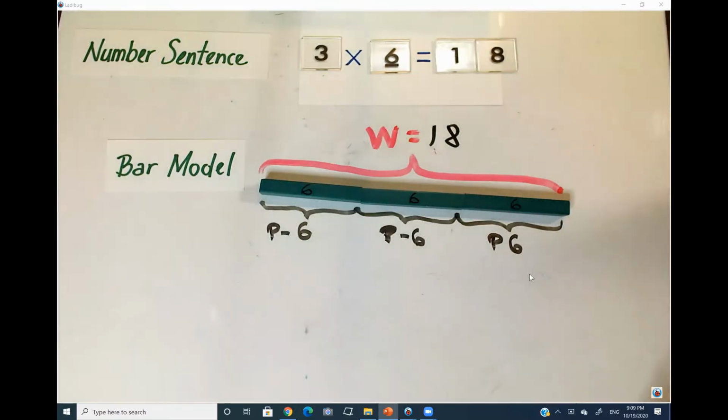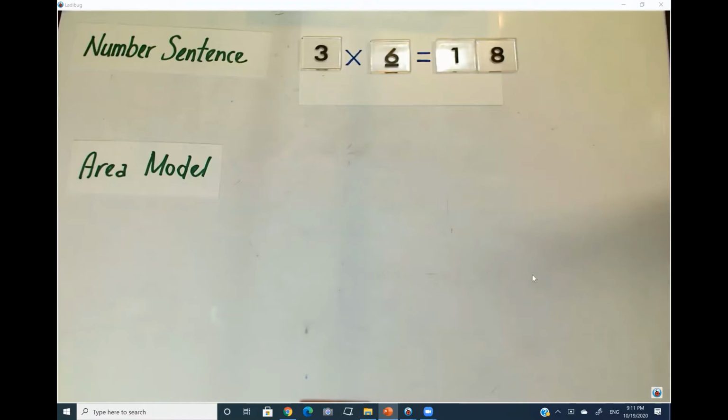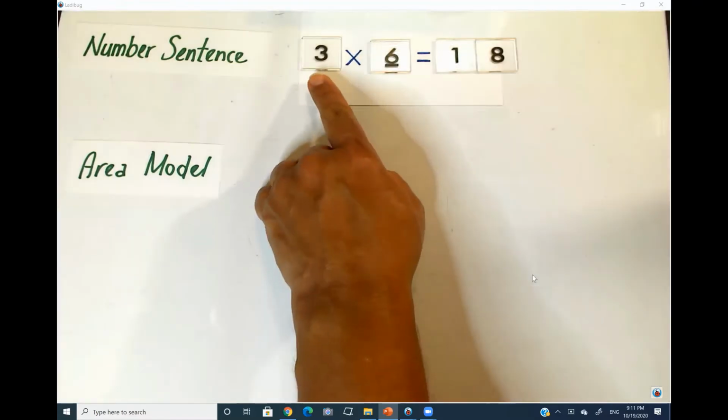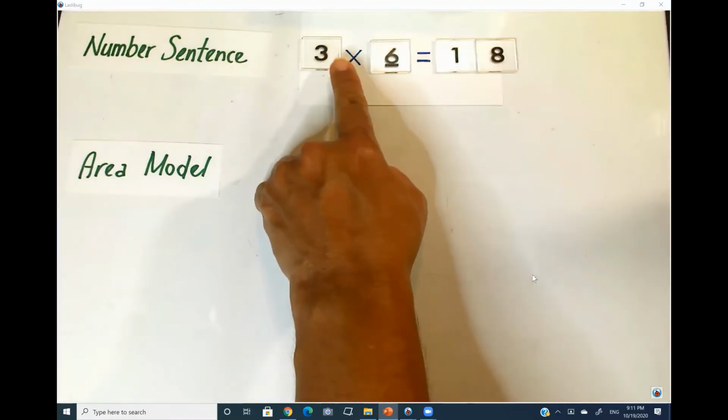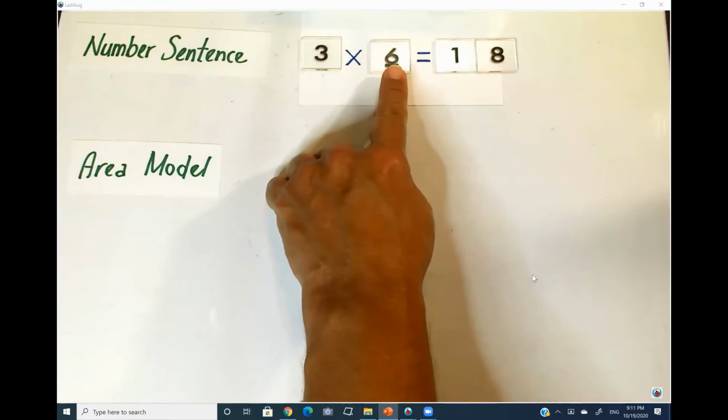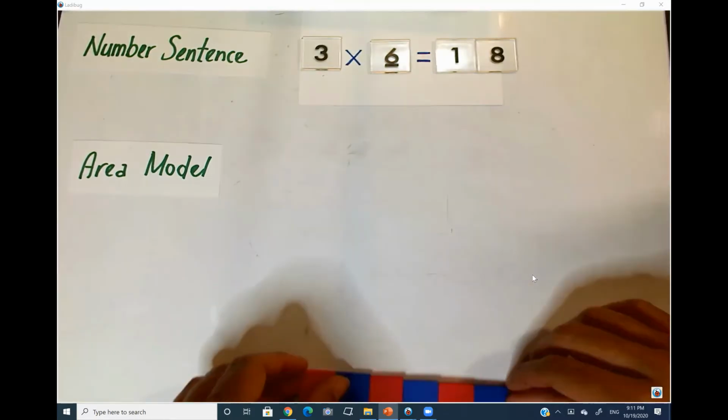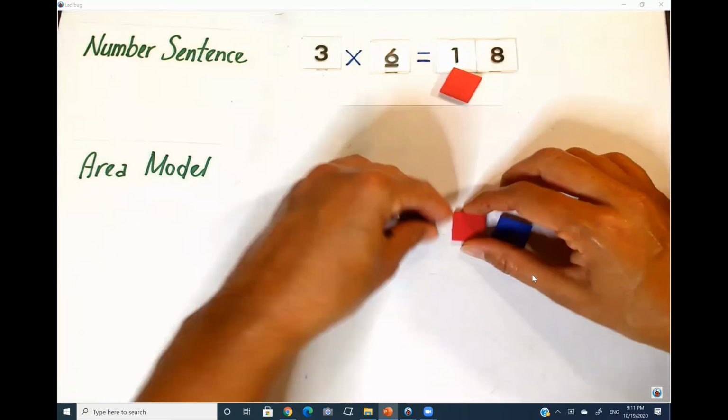Now, the next representation is going to be the area model. In this case, the multiplication is going to tell me that I need 3 rows of 6 objects each row. So I'm going to put the first row. This is going to be row number 1.